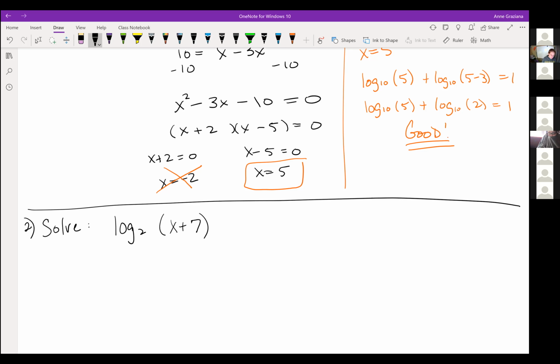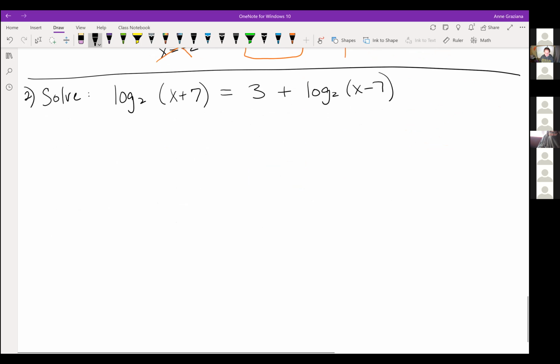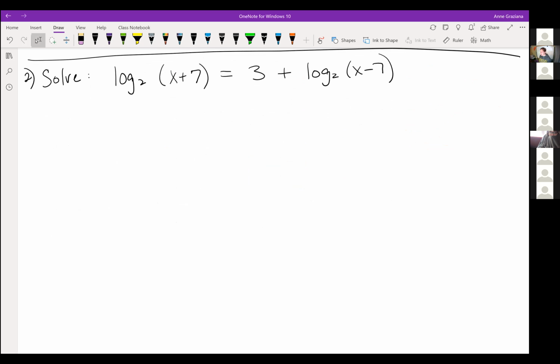Okay, log base 2 of x plus 7 equals 3 plus log base 2 of x minus 7. Okay, you guys give that one a whirl. See if you can get at least to the condensed log. Let me see what you get.